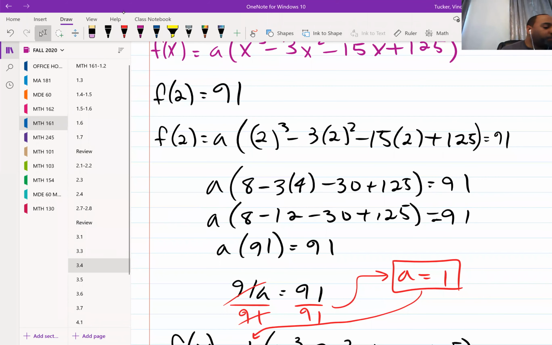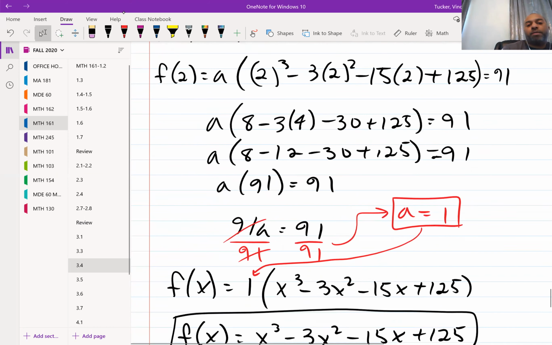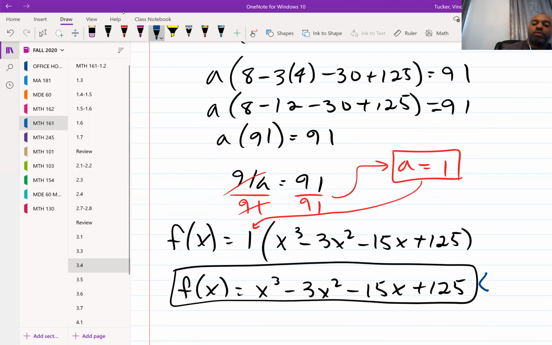Divide both sides by 91. A is equal to +1. So if a is equal to 1, plug 1 in for a, and you know 1 times anything is itself, and this will be our answer.